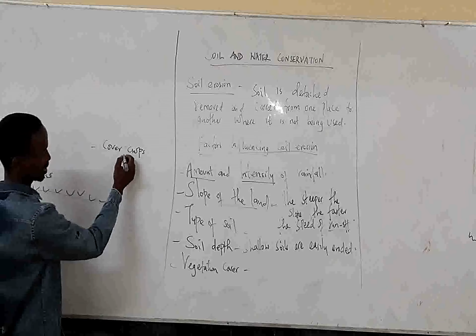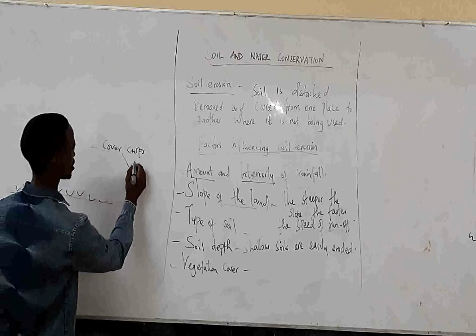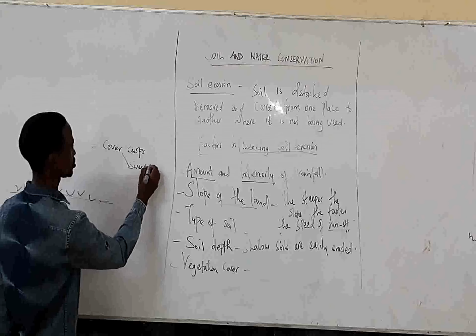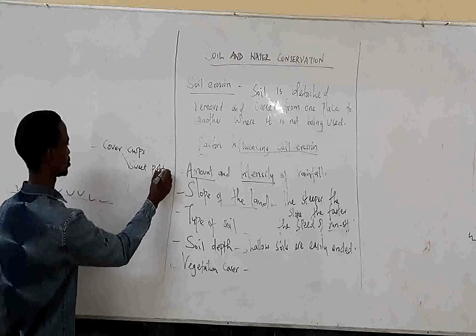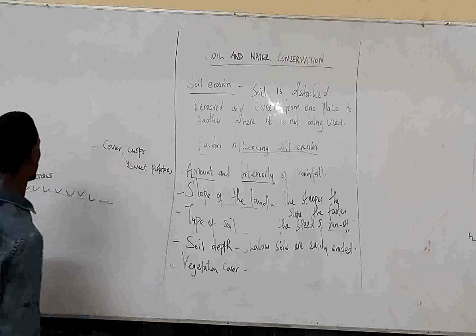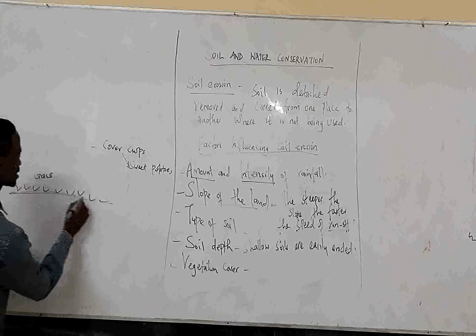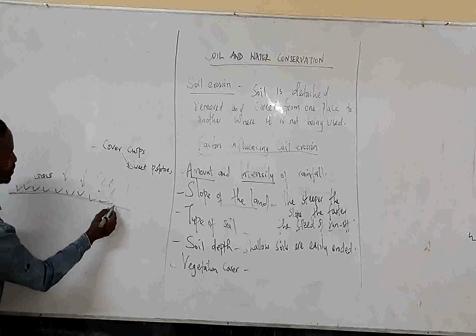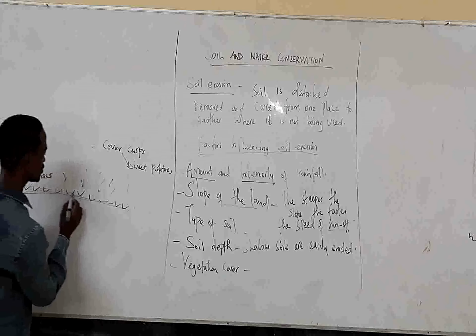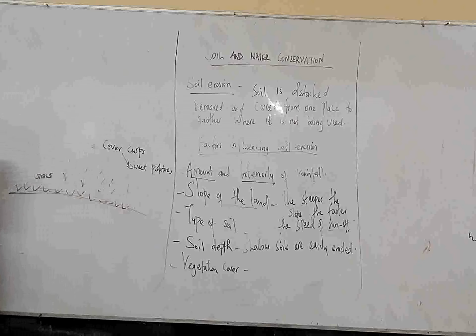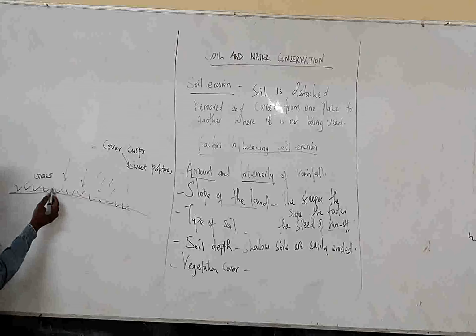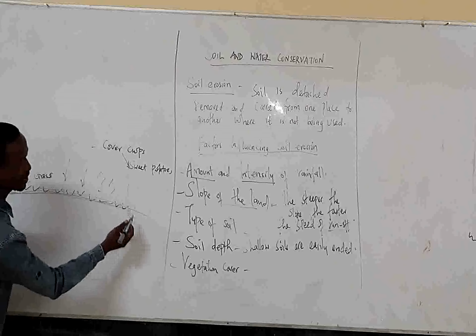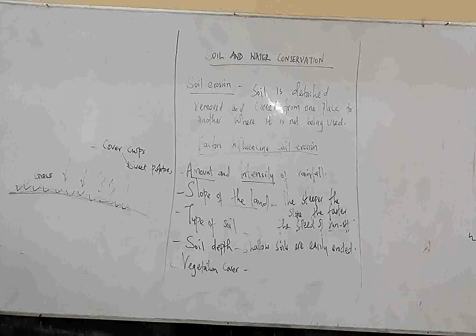Examples of cover crops are like sweet potatoes. That's an example. So you'll find that you're going to have an extensive ground cover, and in case of rainfall, as this rainwater moves on the surface of the soil, the soil particles will be trapped in the grass, and thus we are going to have reduced soil erosion.